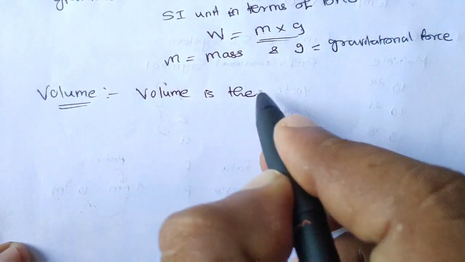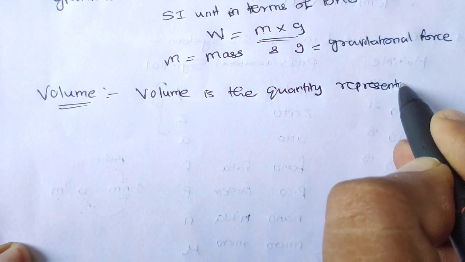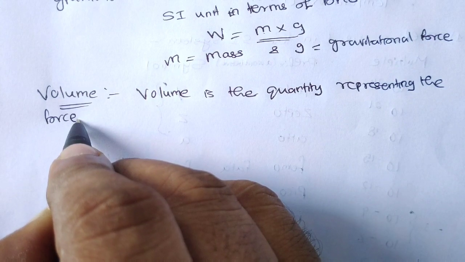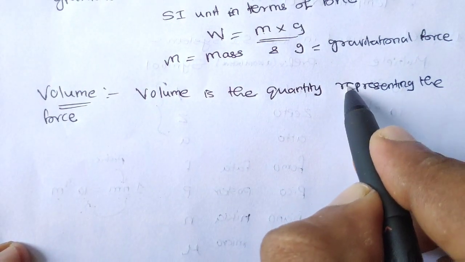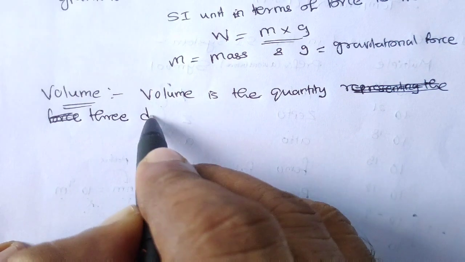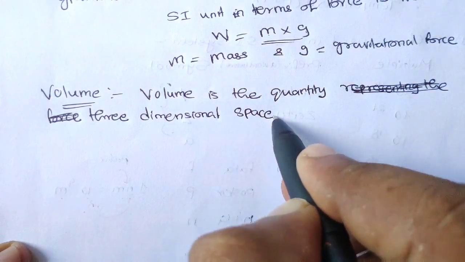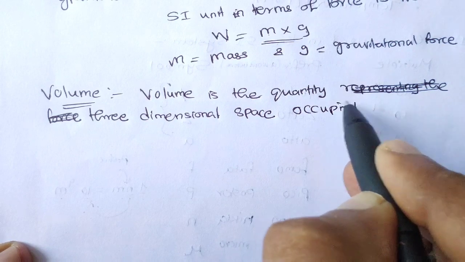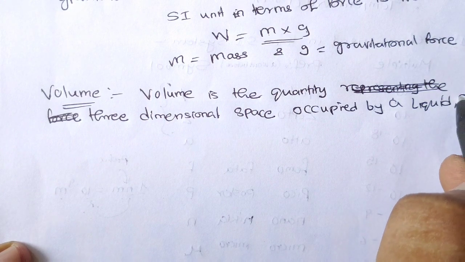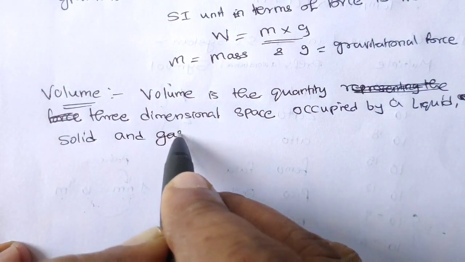Volume is the quantity of three-dimensional space occupied by a liquid, we can say, here I write liquid, solid and gas.